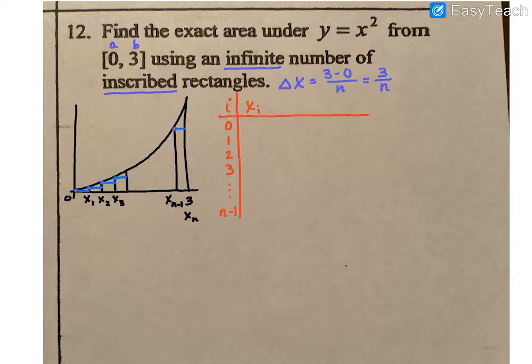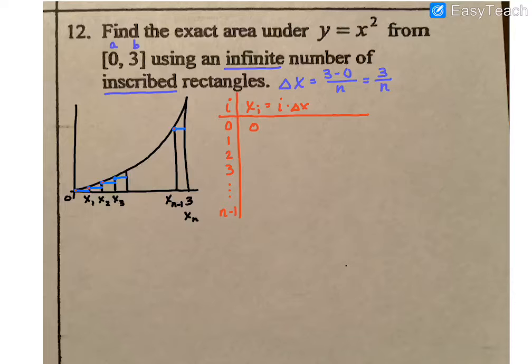My next column is x sub i. And if you recall, in order to find that, we take our i value from the left times delta x. It's always i times delta x. So my first i value is 0, and 0 times anything is 0. My next i value is 1.